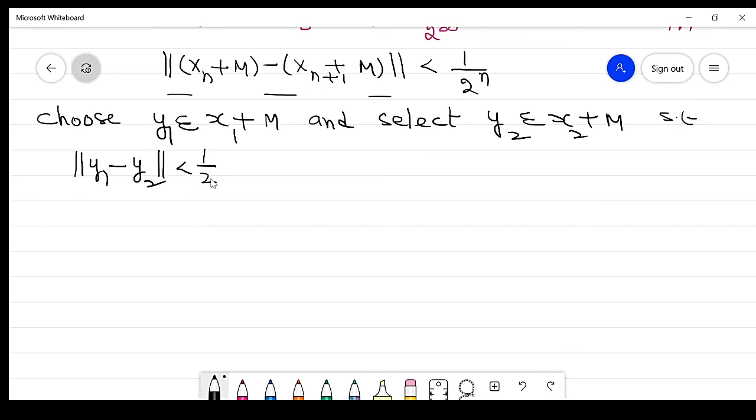Why? Because of the first property, the first condition. Similarly for the second, the third, and so on, we continue the process.